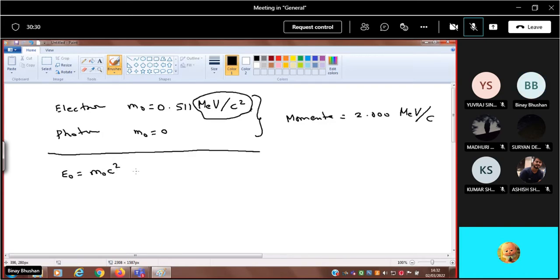Did you calculate, Yuvraj, yesterday? I told everybody to calculate the rest mass energy of electron, proton and neutron. Yuvraj, you had calculated in terms of joule, if I remember. Did you convert that into mega electron volt?